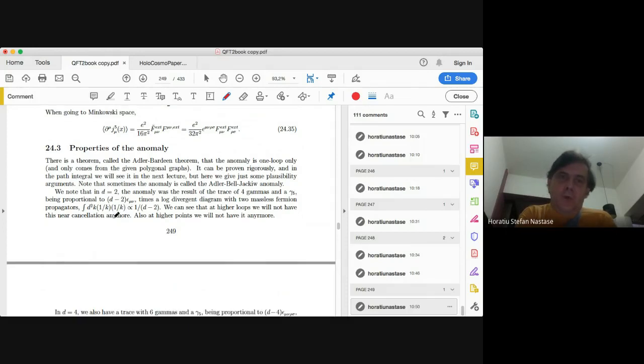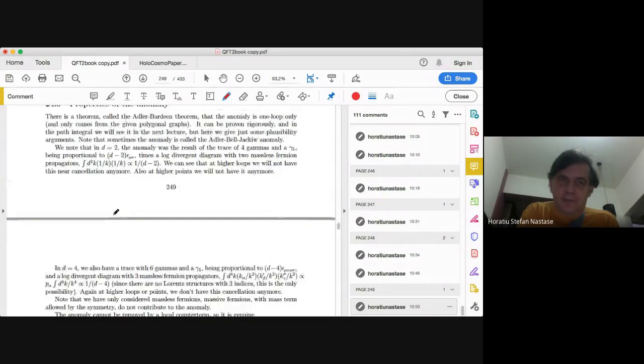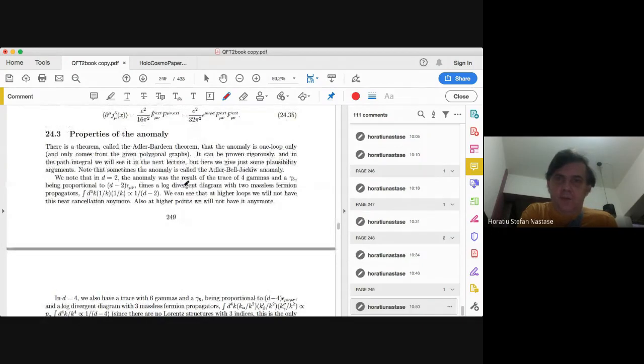So what is the plausibility argument? Well, in d equal to 2, the result was a trace of 4 gammas and a gamma 5. And in the end, we calculated this was proportional to d minus 2 times epsilon mu nu.